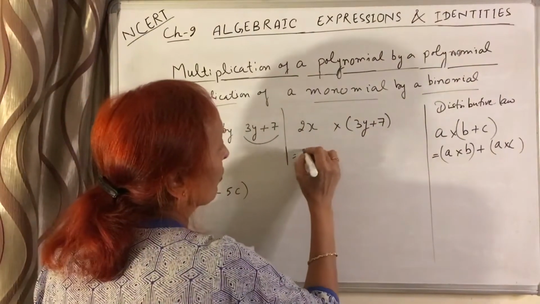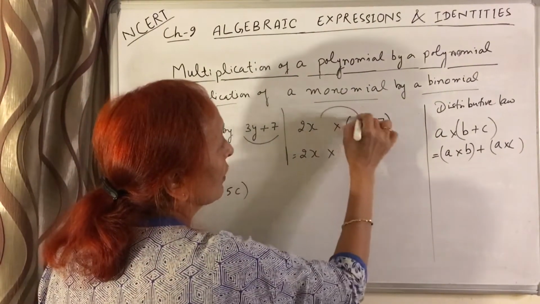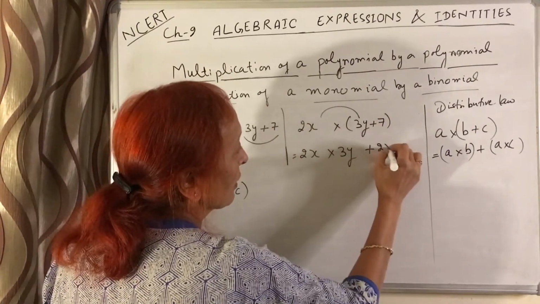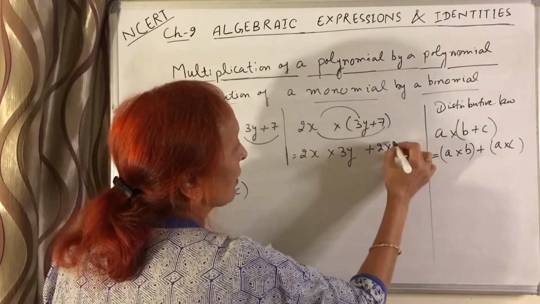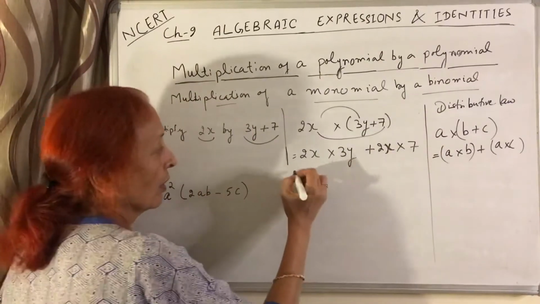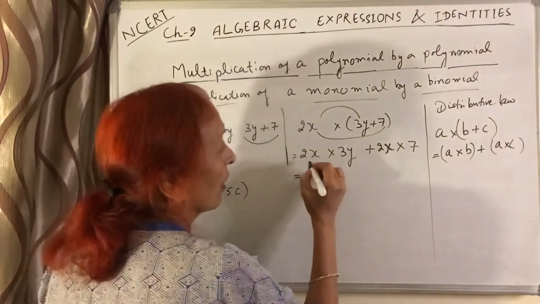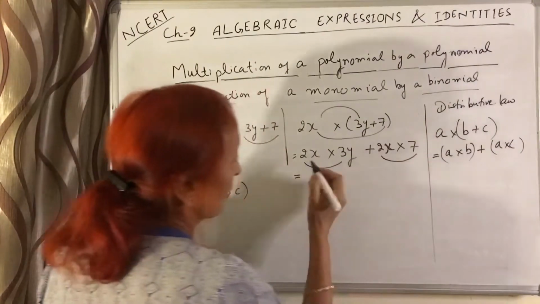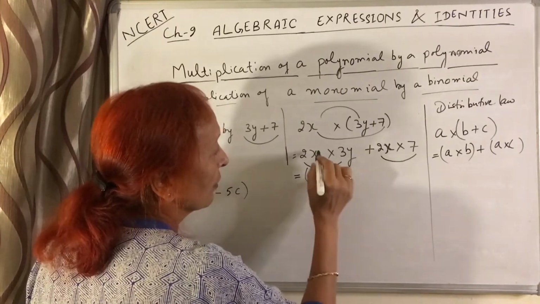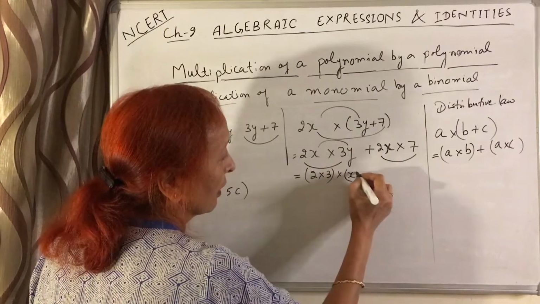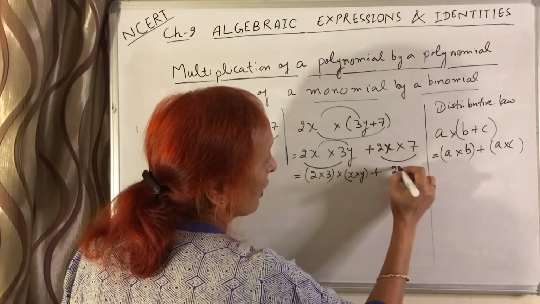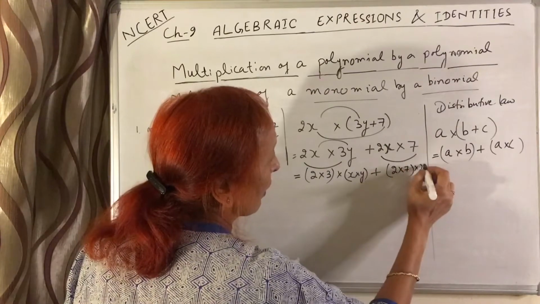So this is equal to 2x into the first term 3y, plus 2x into the second term 7. Multiply the numerical coefficients, 2 into 3, after that the algebraic factors, x into y, plus 2 into 7 into x.